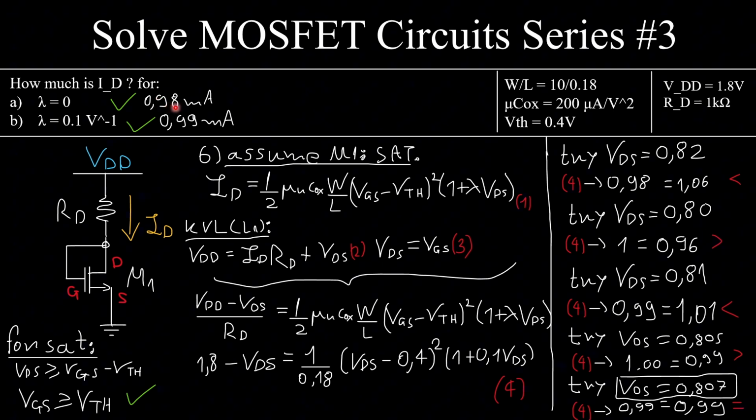Is 0.98 milliamps so much smaller than 0.99 milliamps? Well, it always depends on the context of the circuit. So if we have other values here that are sensitive to these small changes, of course, we would have to take into account channel length modulation. If there wasn't, we wouldn't.